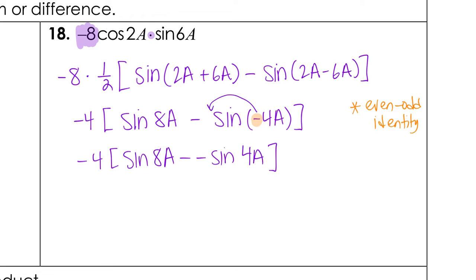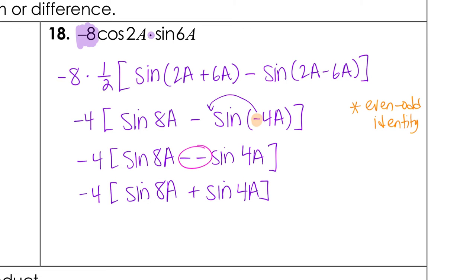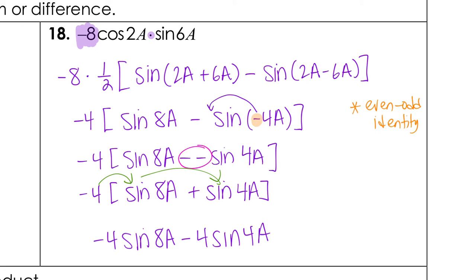But now that double negative changes to a plus sign. Okay, and then last step is to distribute the -4 to both terms here. So we would have -4 sine of 8a minus 4 sine of 4a. That is our final rewritten expression.